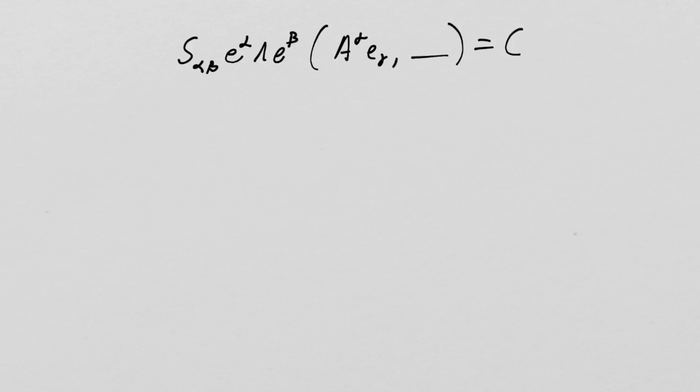So if our two form is S alpha beta E alpha wedge E beta, well, we'd feed it a vector A gamma E gamma. We leave one slot blank, and this whole thing's going to end up being C beta E beta, a one form.